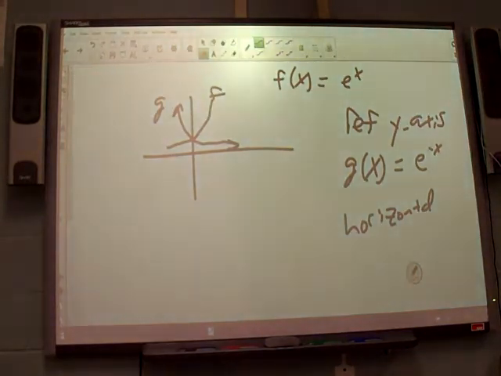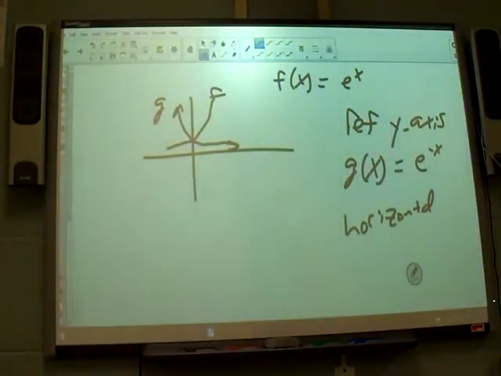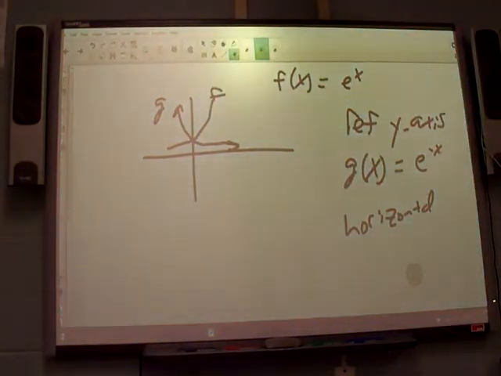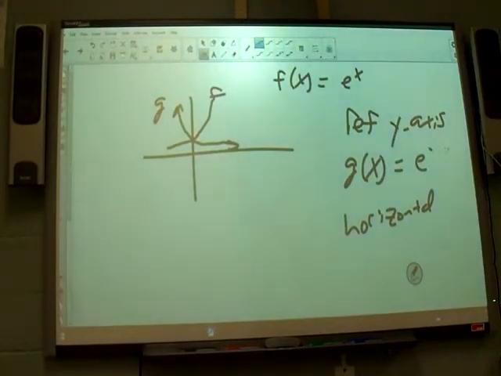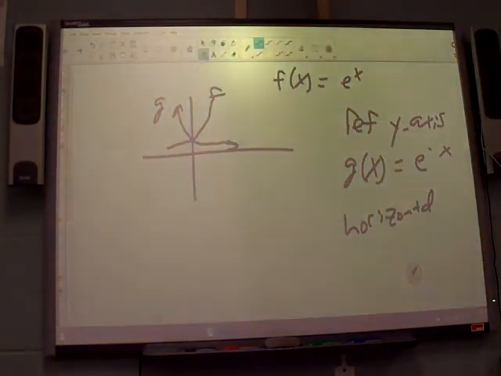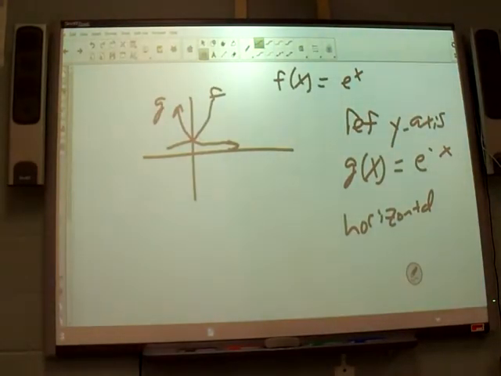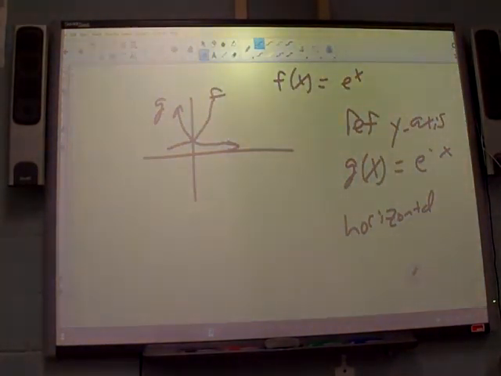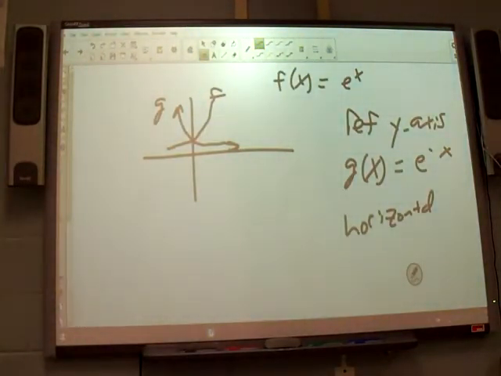Because if horizontal's in with the x, we're going to put something in between the negative and the x. Remember we talked a bunch about how horizontal gets things screwed up so many times?